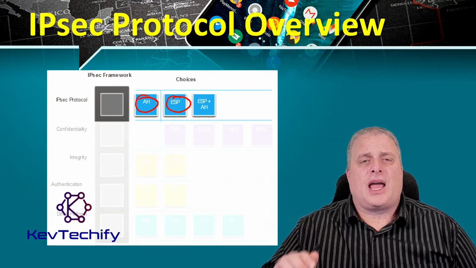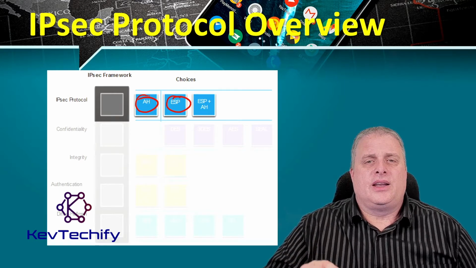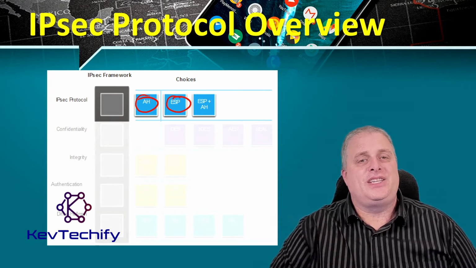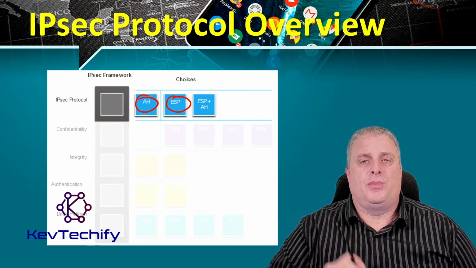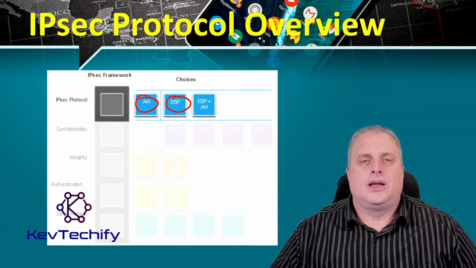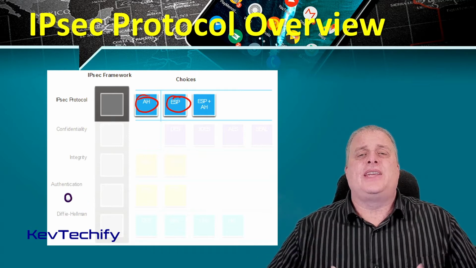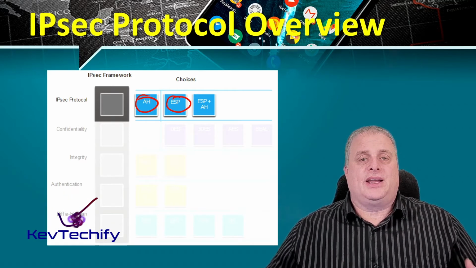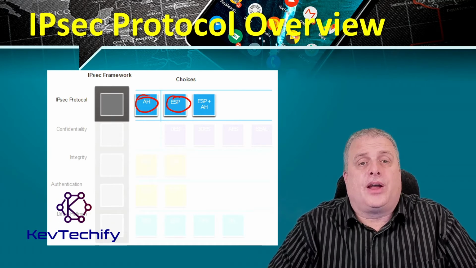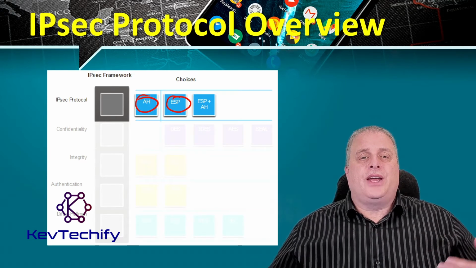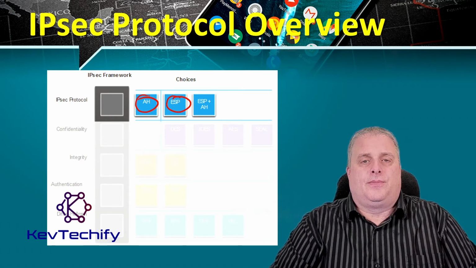AH uses IP Protocol 51 and is appropriate only when confidentiality is not required or permitted. It provides data authentication and integrity, but it does not provide data confidentiality. It does not provide encryption. All text is transported unencrypted.